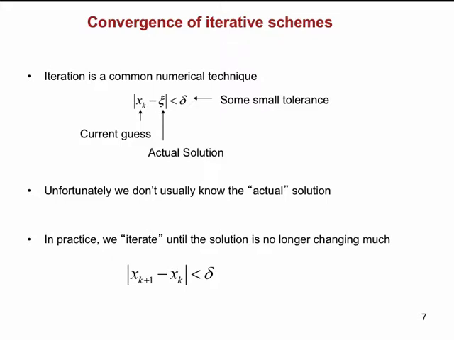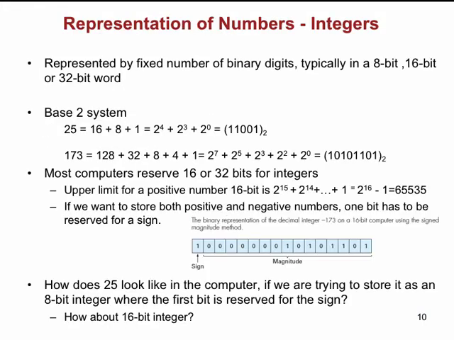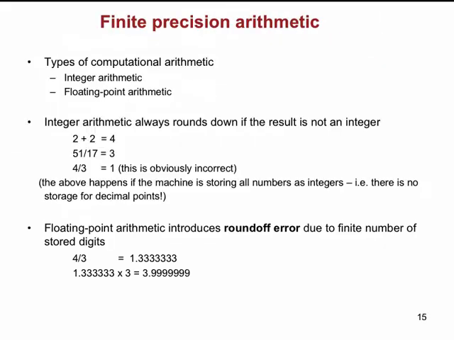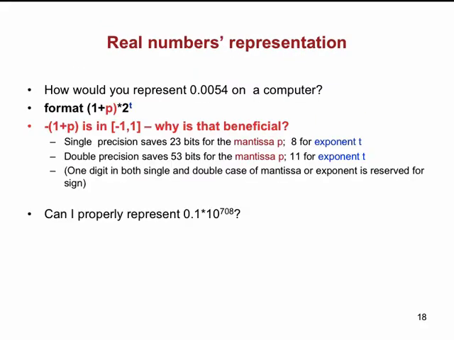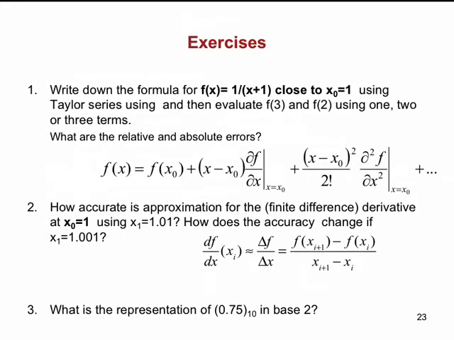Let's do an example. There's an exercise at the end of this. Let's do number 1. Write down the formula for f of x equals 1 over x plus 1. What we're going to take is x0 equal to 1.